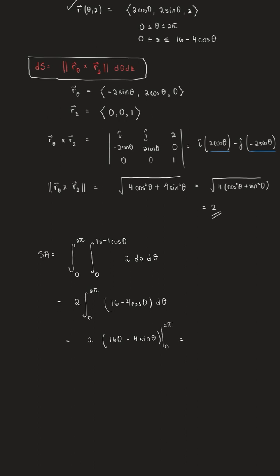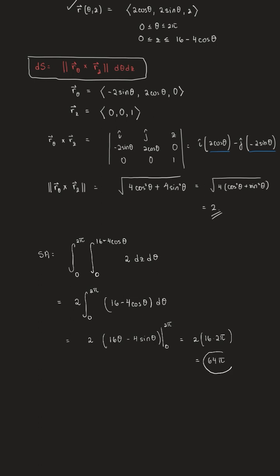So when we put in 2 pi, we have 2 times 16 times 2 pi. Sine of 2 pi is 0, and when we put in 0, we get 0 for both. So this is going to give us 16 times 4, which is 64 pi.